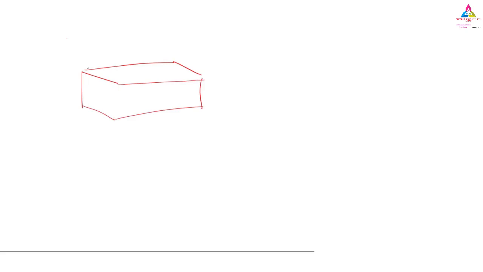Now I will take one more figure. So you know what this figure is, and next I will combine this figure with one more thing.